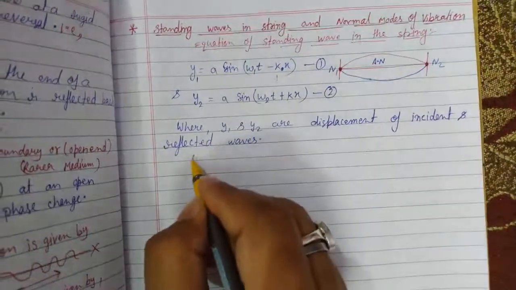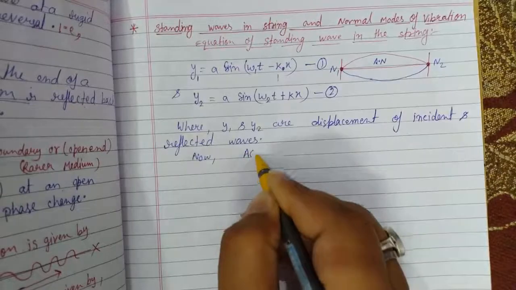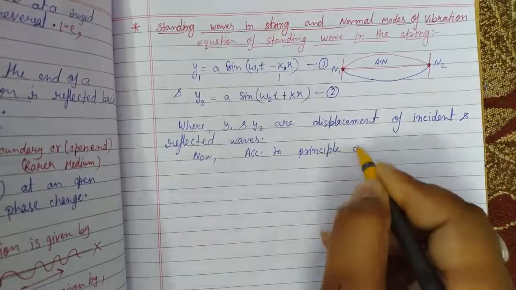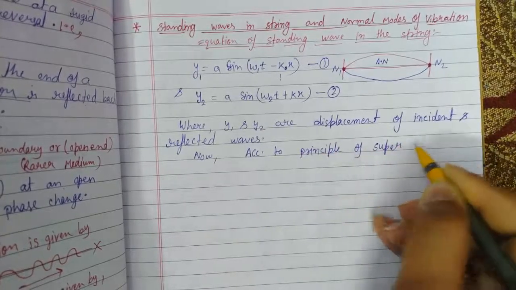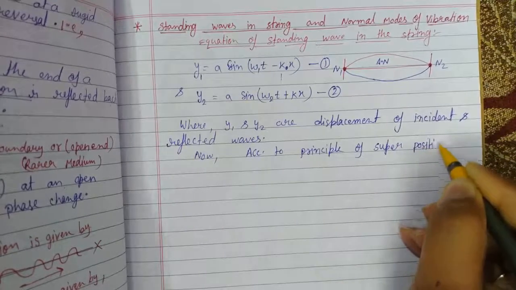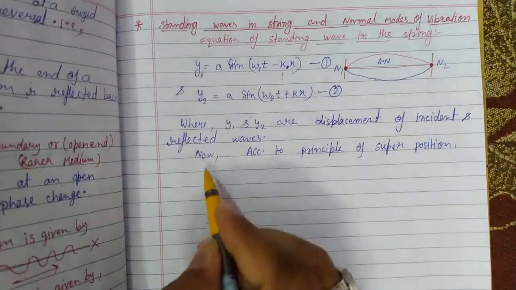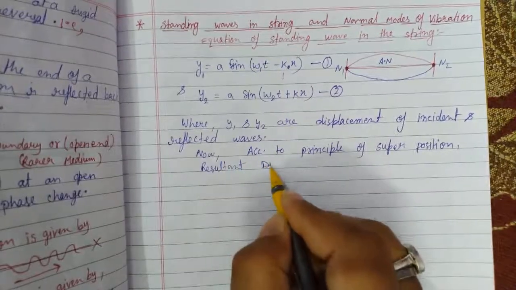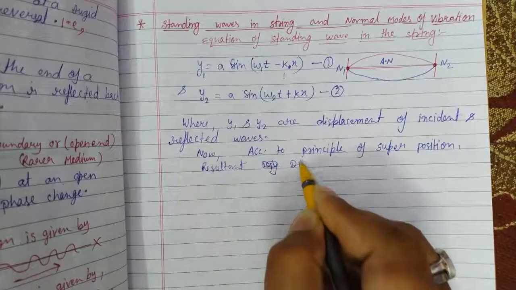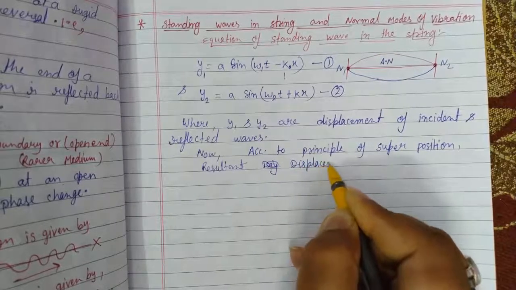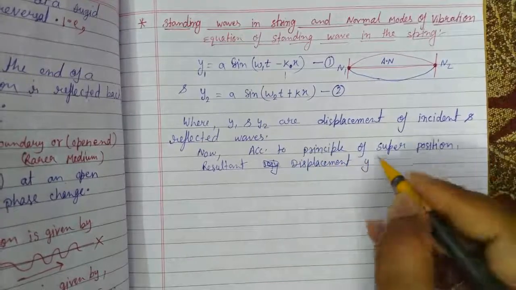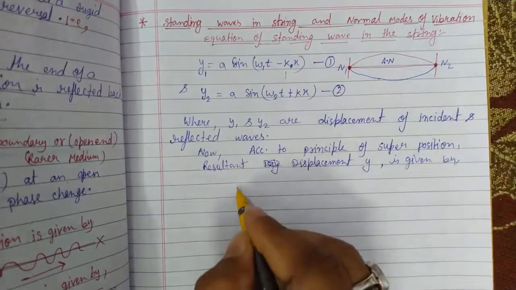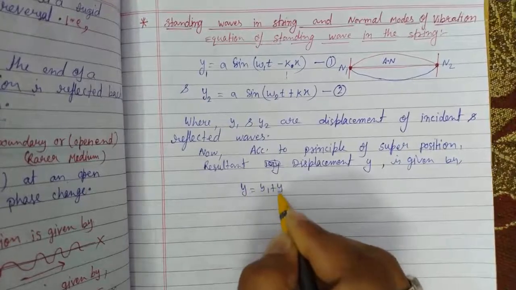Now, according to the principle of superposition, the resultant displacement y is given by y equal to y1 plus y2.